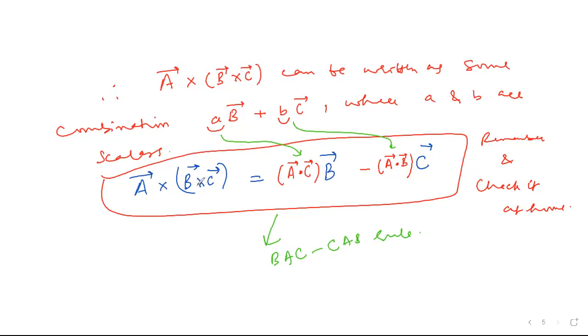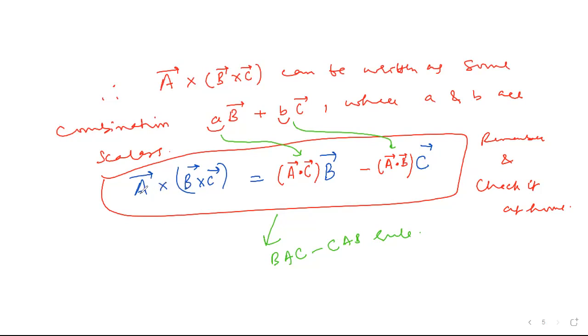That means if you have to find the triple vector product, you can split the problem in this simpler way. You don't need to find two cross products, which is a long process, but you find two dot products, then use this identity, and you will get the answer. You will get your vector, right? So the value of the triple product is a linear combination of the two vectors in the parenthesis.